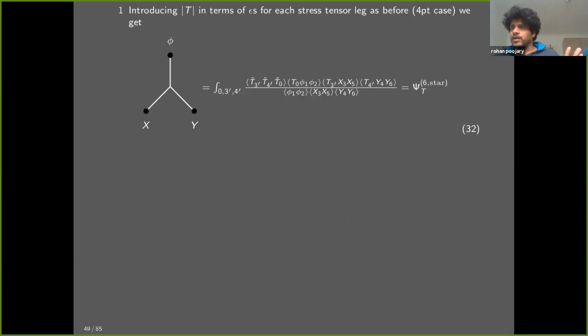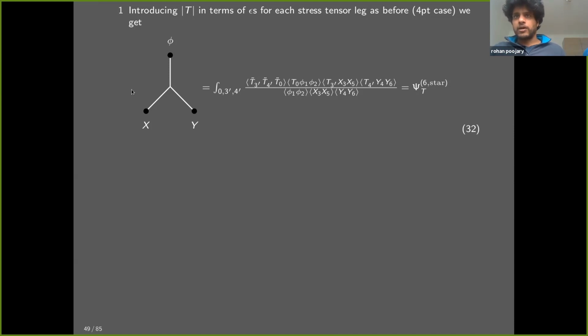So let's look at the star channel. It basically looks like so: you have three pairs of operators, phi1, phi2, x3, x5, y4, y6, and they are all fusing to form these white lines, the stress tensor exchanges. The way they've written the stress tensor exchange is by introducing a T T tilde projector between each pair.